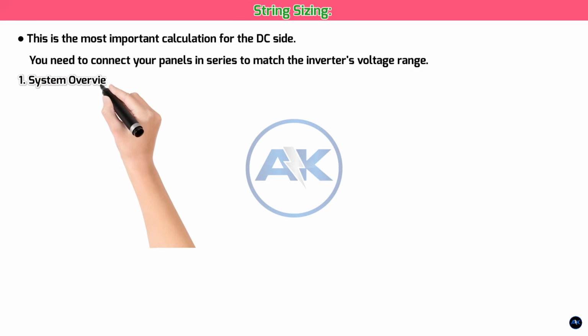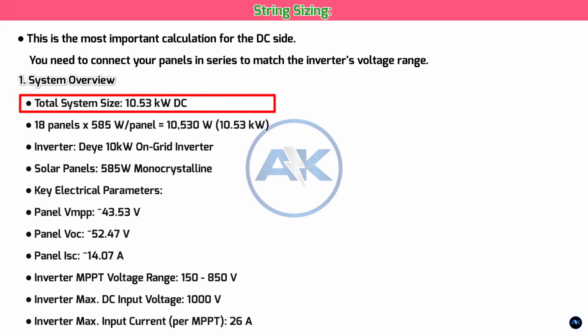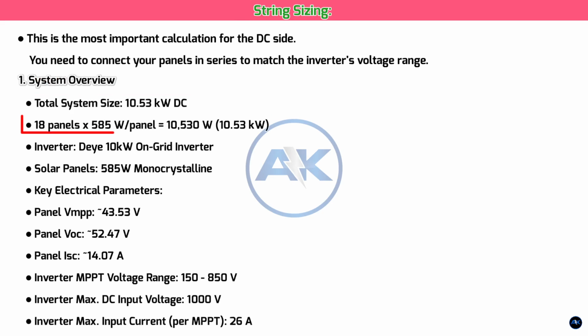1. System overview. Total system size 10.53 kilowatts DC: 18 panels x 585 watts per panel equals 10,530 watts, 10.53 kilowatts. Inverter: Deye 10 kilowatt on-grid inverter. Solar panels: 585 watts, monocrystalline.